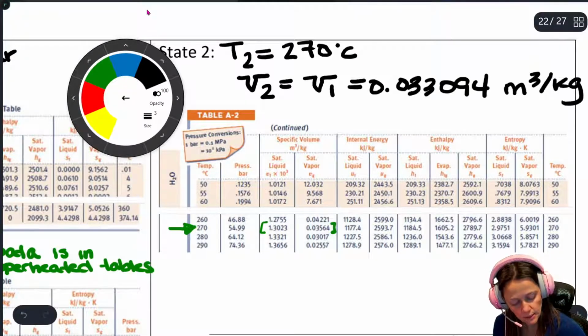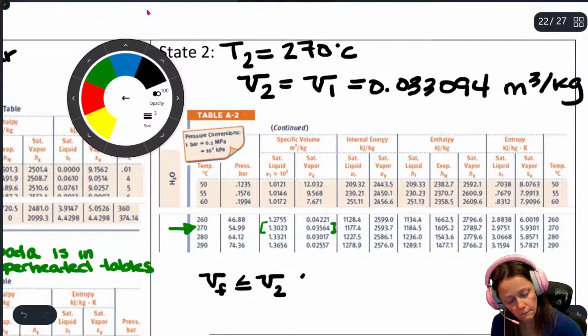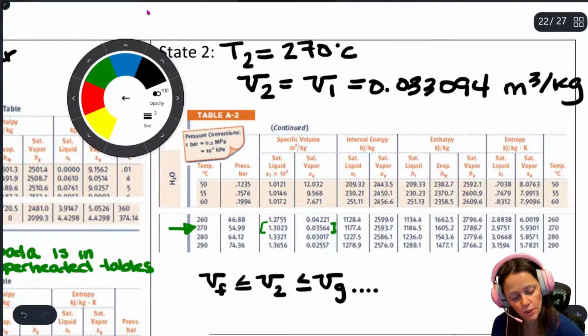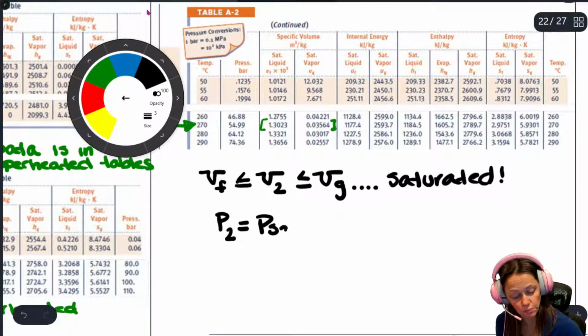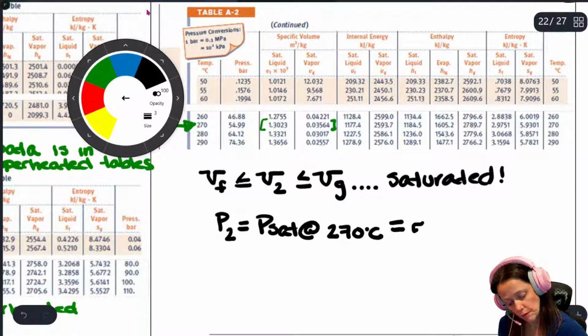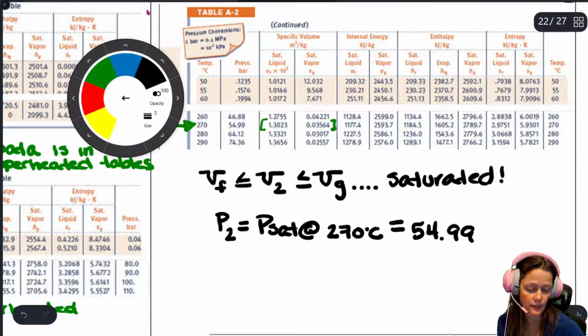And it is. So it's between that V sub F and the V sub G. So it's saturated. And that means there's only one possible pressure it could be at, and that's the saturation pressure, Psat, at 270 degrees Celsius, which would be 54.99.